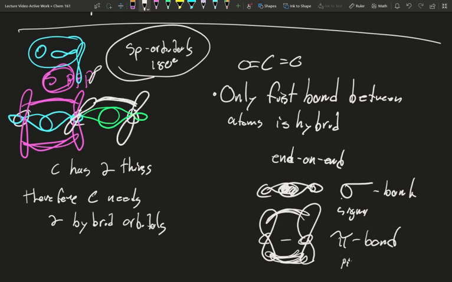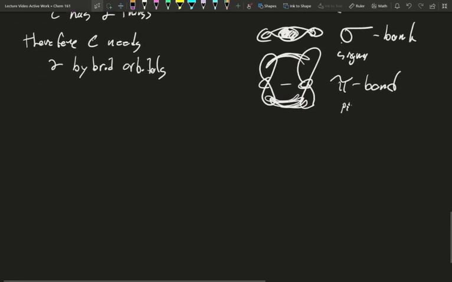They overlap this direction. That second oxygen can't overlap with the up and down p orbital on carbon because it's already been used. There's already electrons in it. It was used for the left oxygen. Those unhybridized p orbitals get used to make your second bond. And this really does work this way.